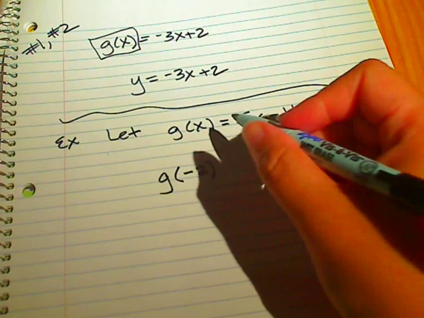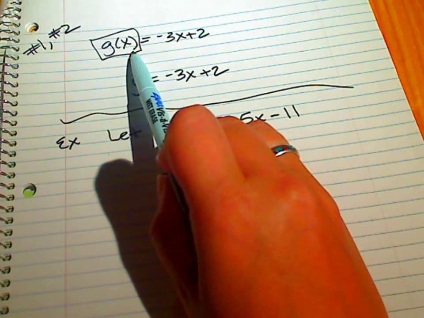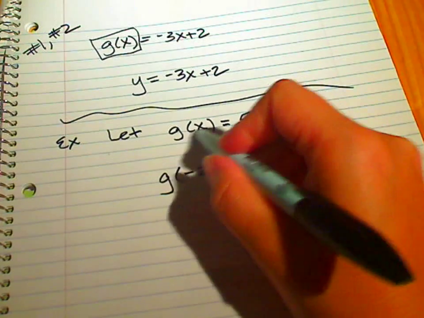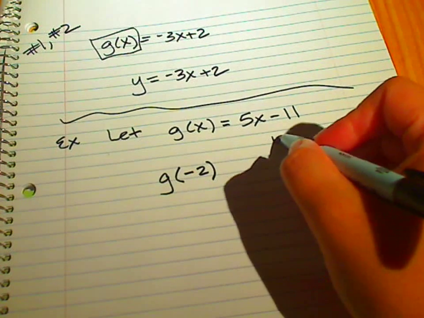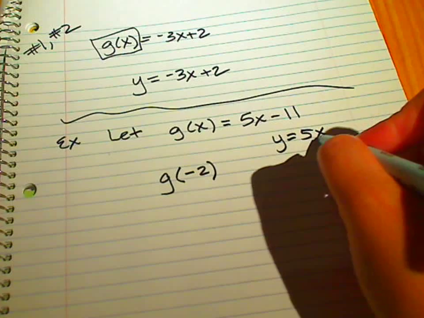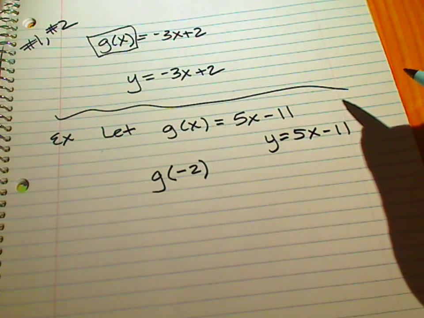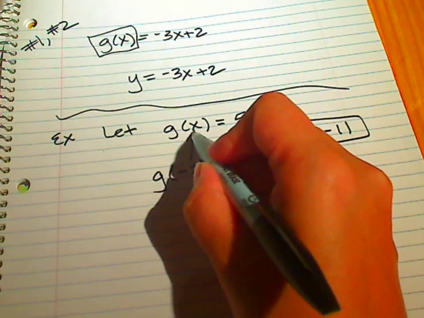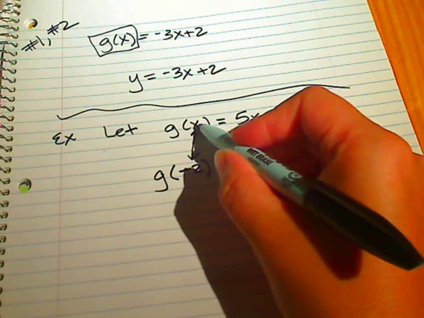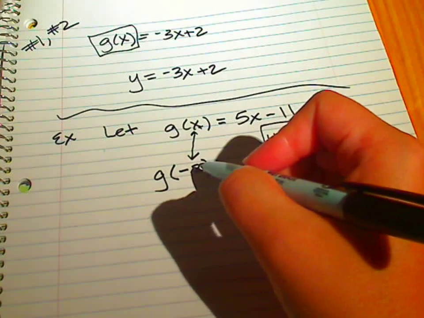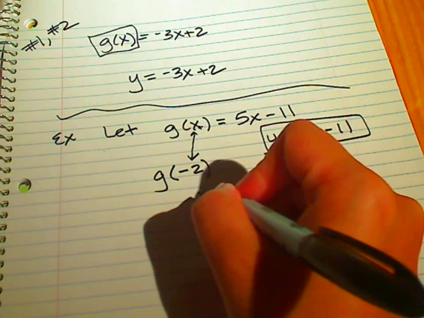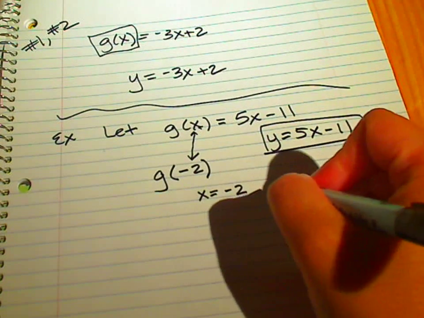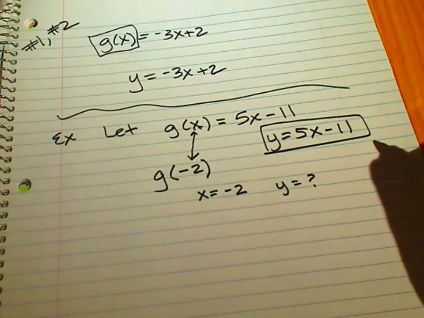One thing you can do is change it from this to this. So another way to view this problem is y equals 5x minus 11. And you see what they did here in the parentheses. Originally it was x in the parentheses, it was changed to negative 2. So these are the problems saying x is negative 2, what does y equal?